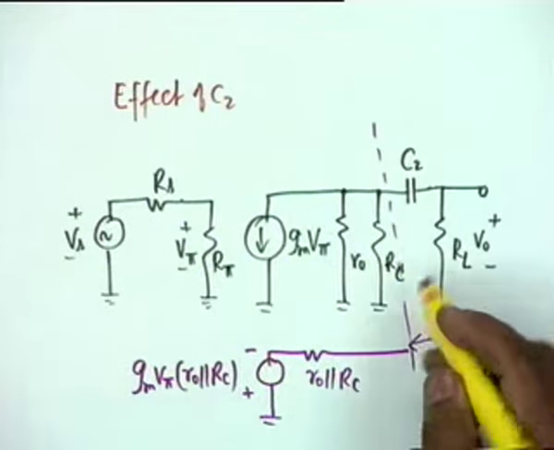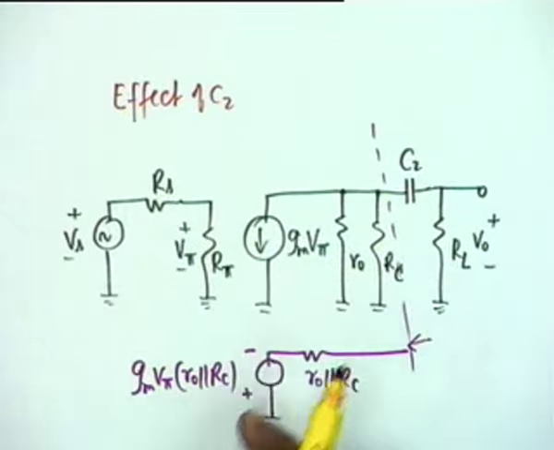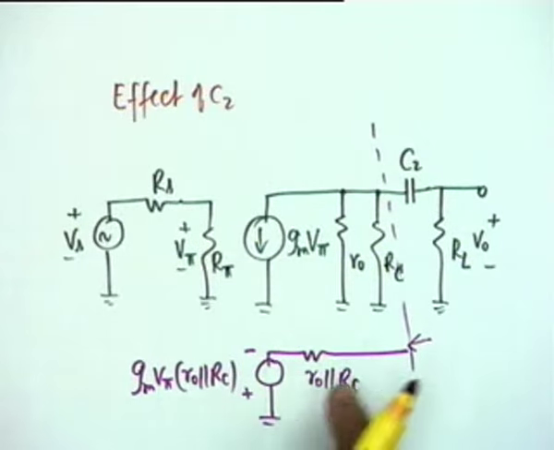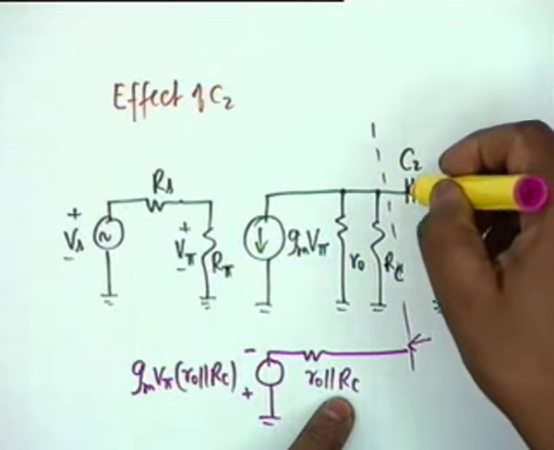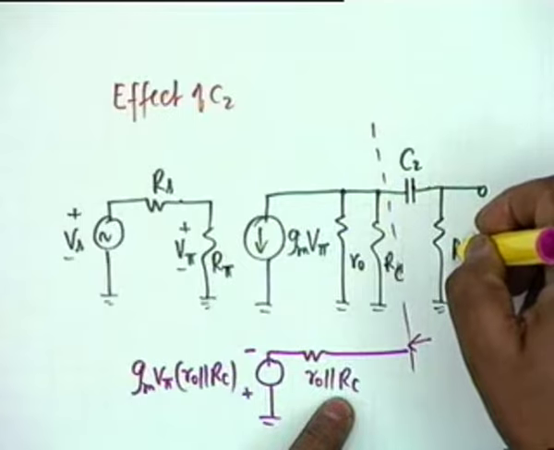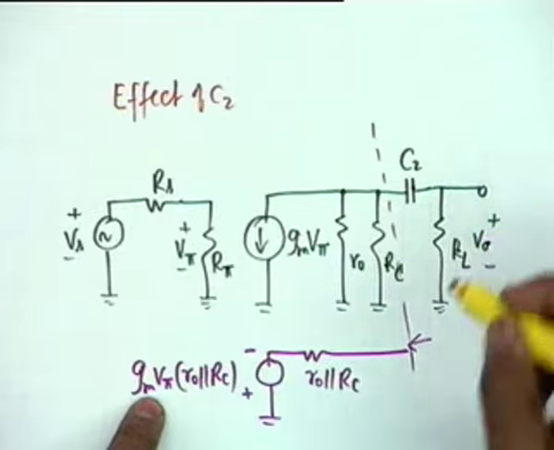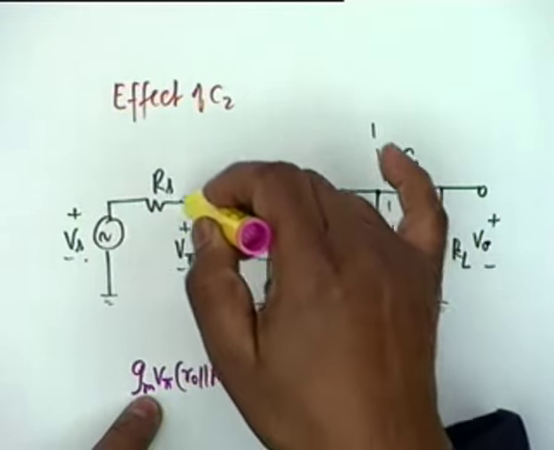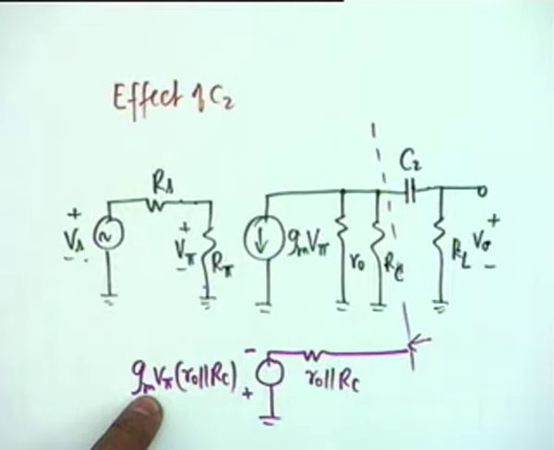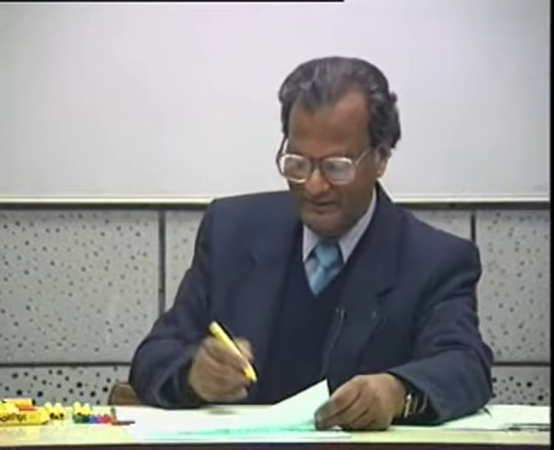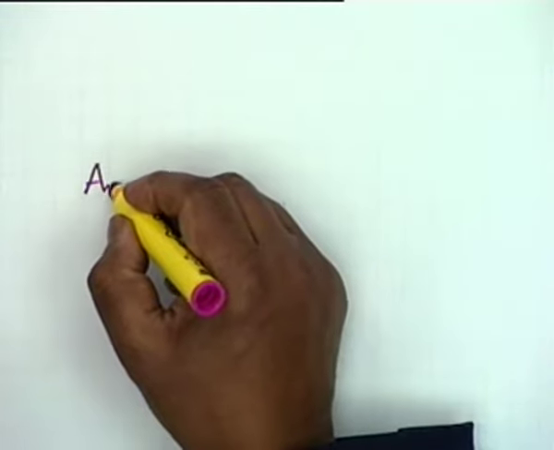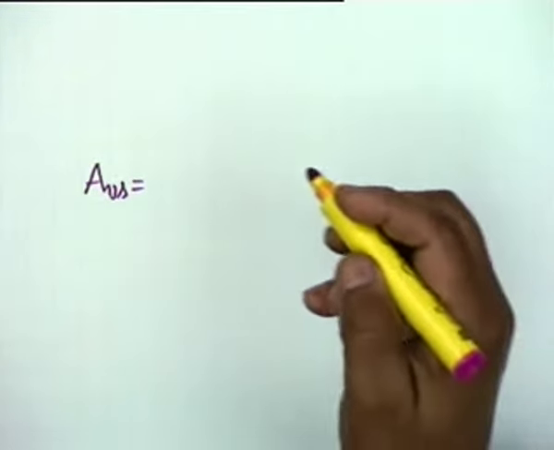I have applied Thevenin's theorem here to the left of this line. So a voltage source and a series resistance R0 parallel RC, which comes in series with C2 and RL. Therefore, I can find V0 in terms of V pi, and V pi in terms of Vs is simply the potential division between Rs and R pi. So the expression for AVS can be written down by inspection, and you will have to do that as our course proceeds. We are not going to derive everything.